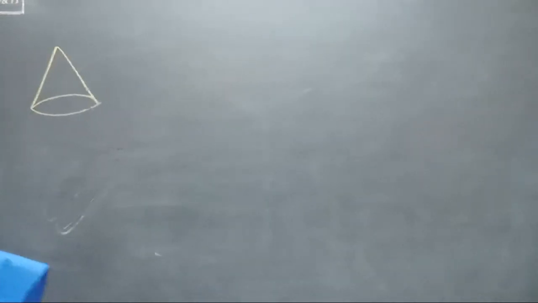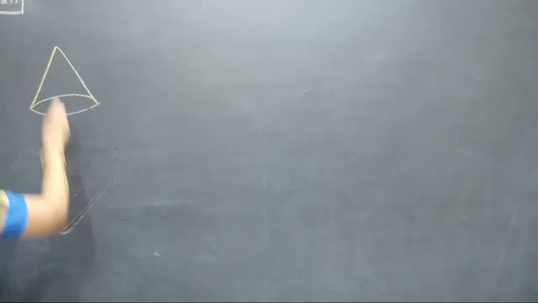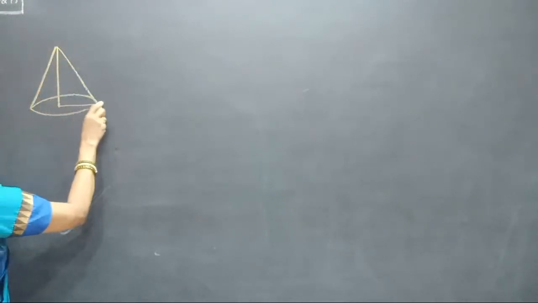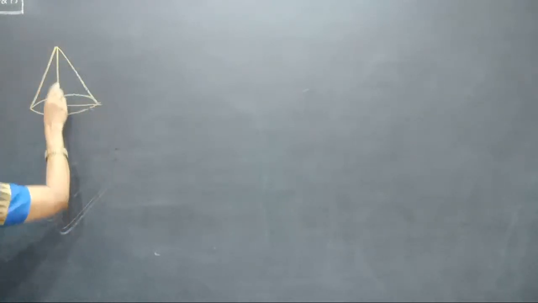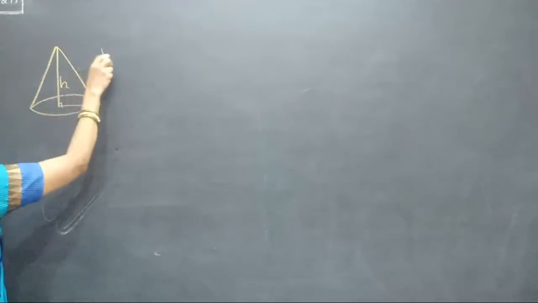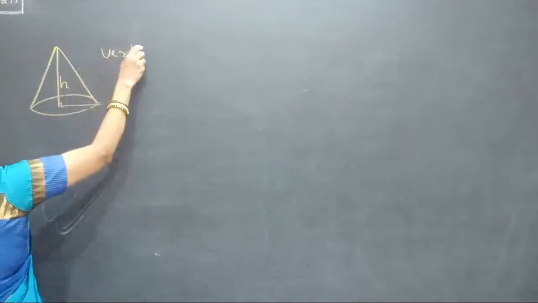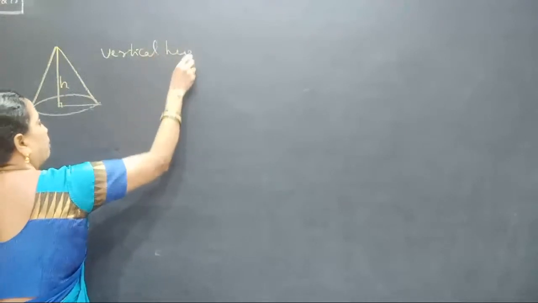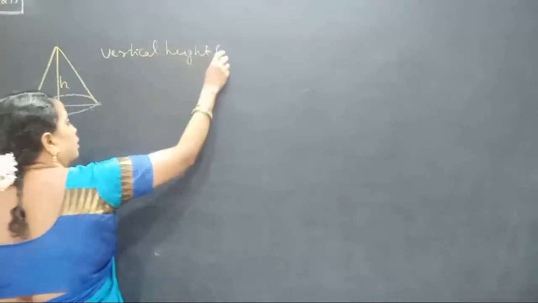The base of the cone is circular in shape, and from the vertex, if you draw a perpendicular, that will be the vertical height. Vertical height is perpendicular to the base, h.